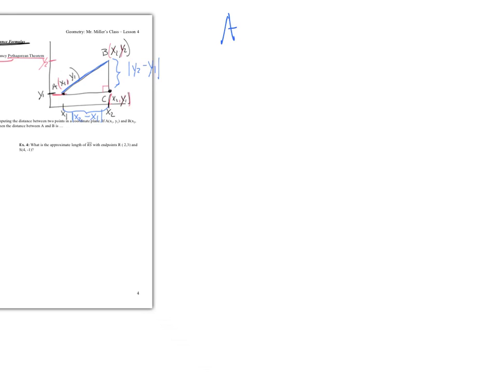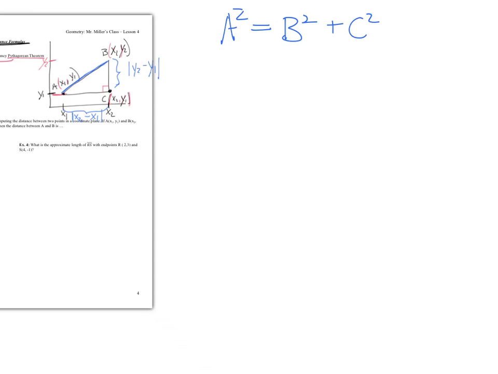Pythagoras' theorem says we have a squared equals b squared plus c squared. See if I can make this look a little nicer. Okay, now I want to try to use this in order to find out what the distance formula is.